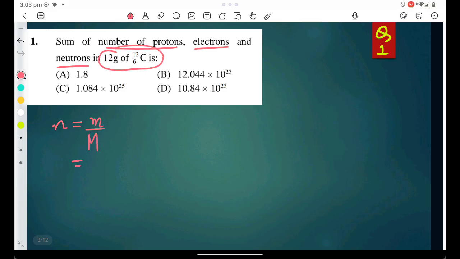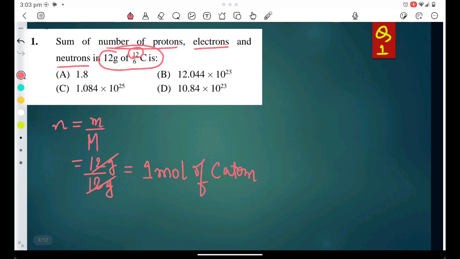The given mass is 12 gram. The molar mass of carbon is 12. 12 gram cancels with 12 gram, and you get your answer as 1 mole. So you have 1 mole of carbon atoms.